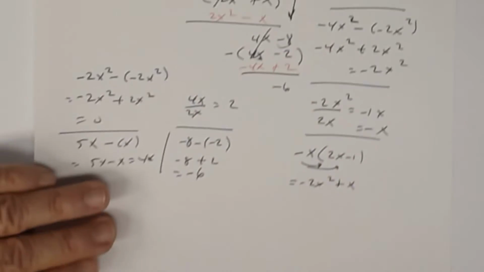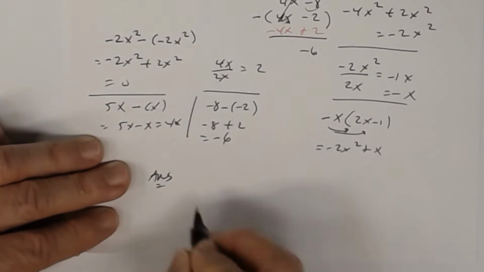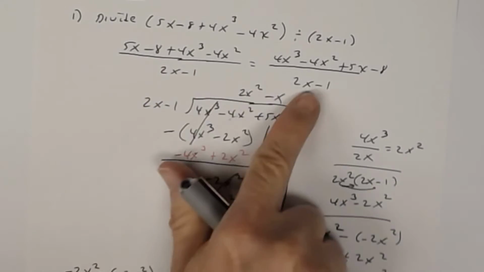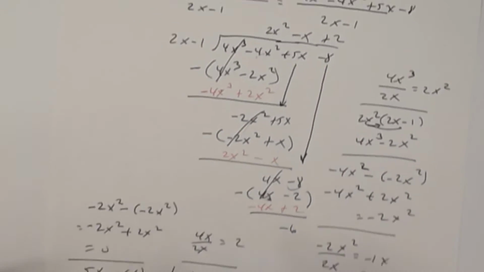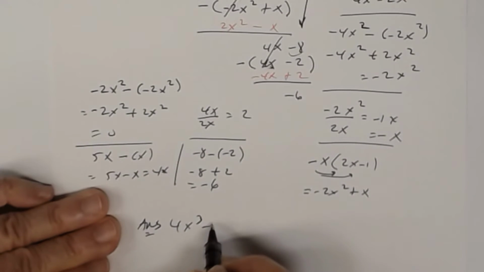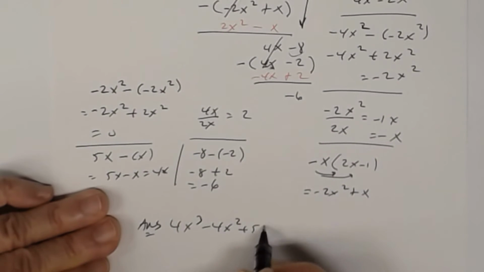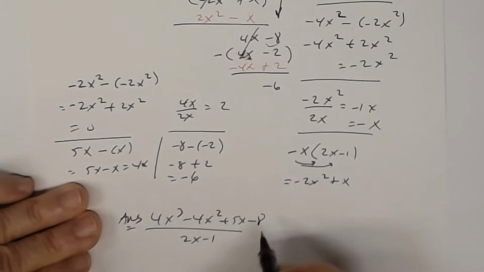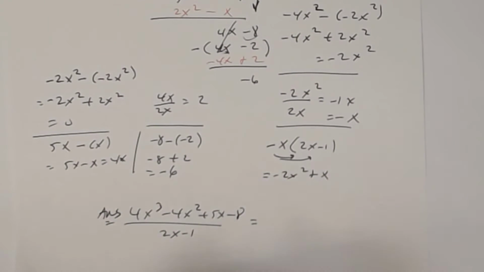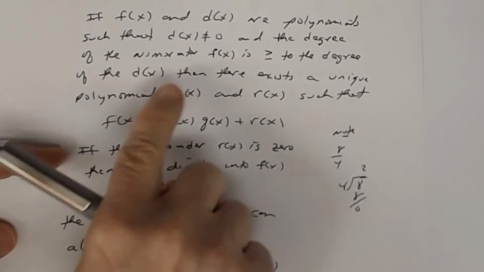Now remember how we wrote this. So your answer, you're going to say this. I'm going to go ahead and use this one here. So 4x cubed minus 4x squared plus 5x minus 8 divided by 2x minus 1 is going to equal the quotient. So remember the division algorithm from the previous page.